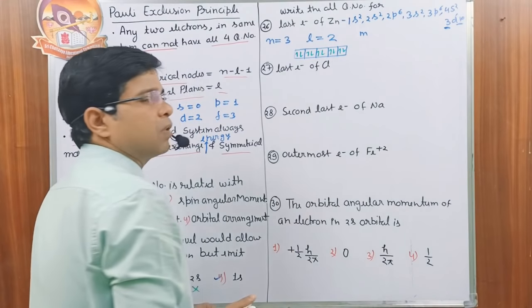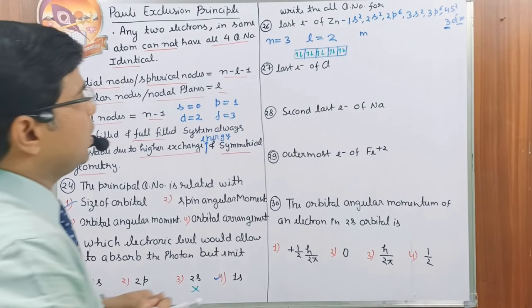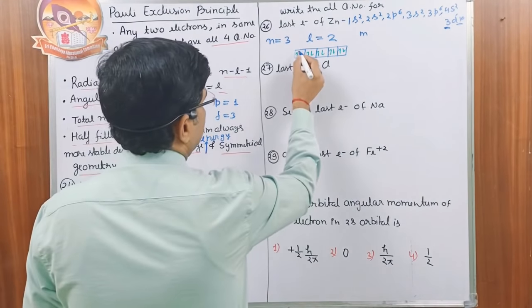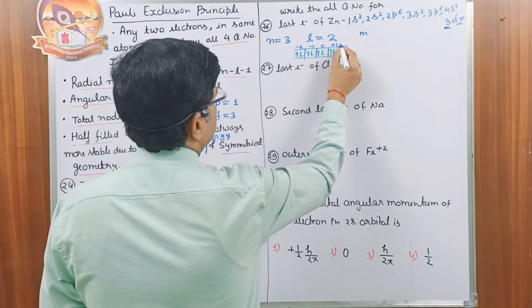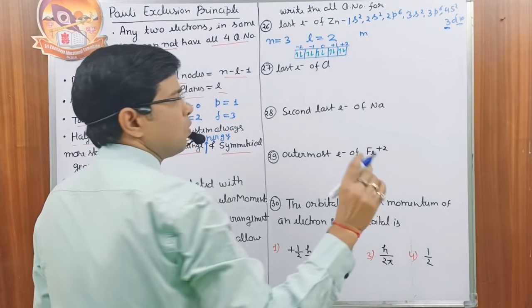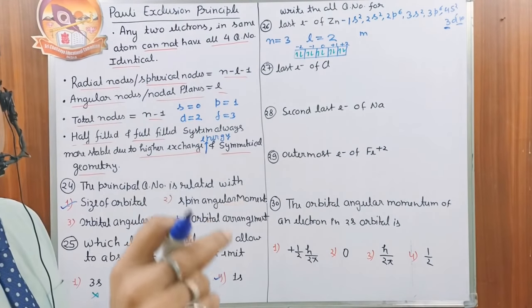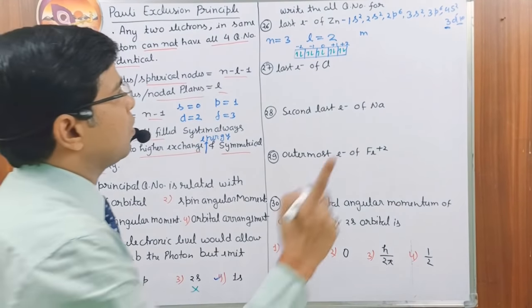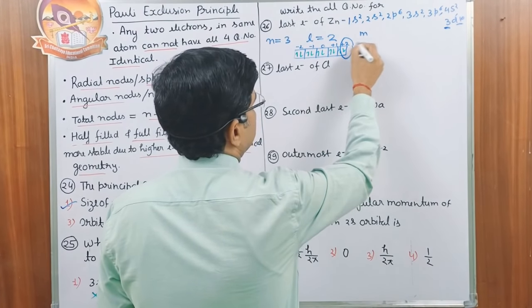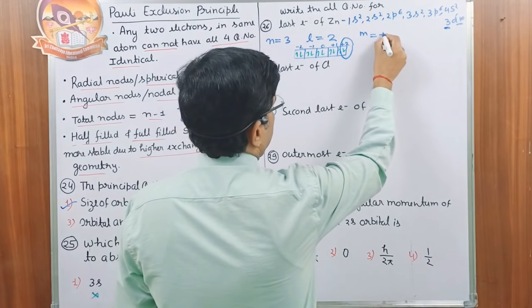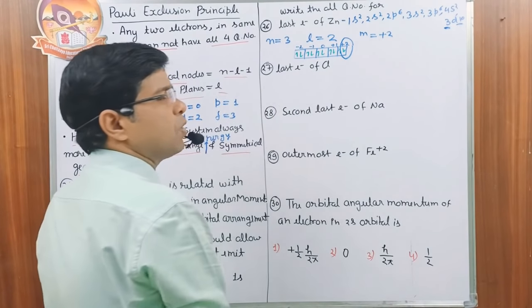The possible values of the magnetic quantum number are -2, -1, 0, +1 and +2, but we have to check the last electron. The 10th electron is present in m equal to +2.